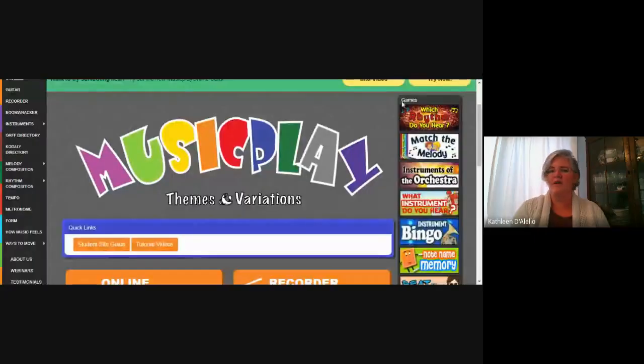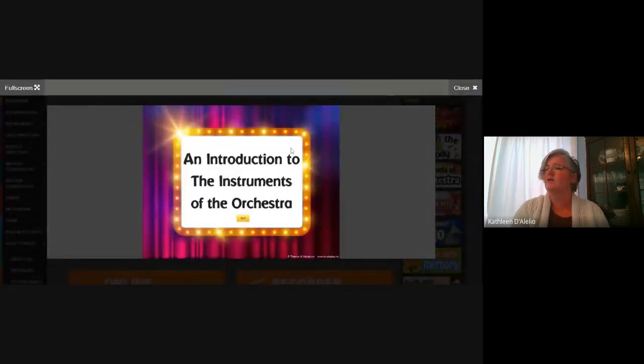Okay, so let's look at that right now. I'll show you where to find this tab. If you go to musicplayonline.com and scroll down to the third button there, Instruments of the Orchestra, this is a wonderful review. It walks you right through it.